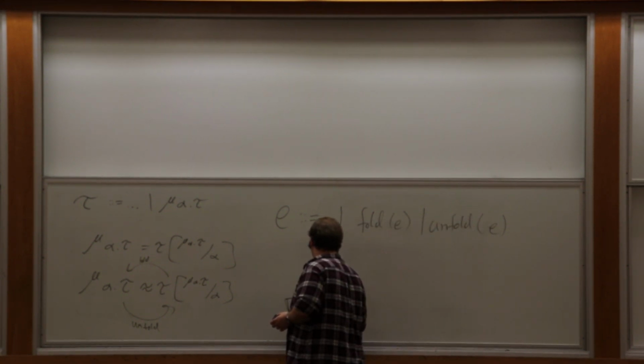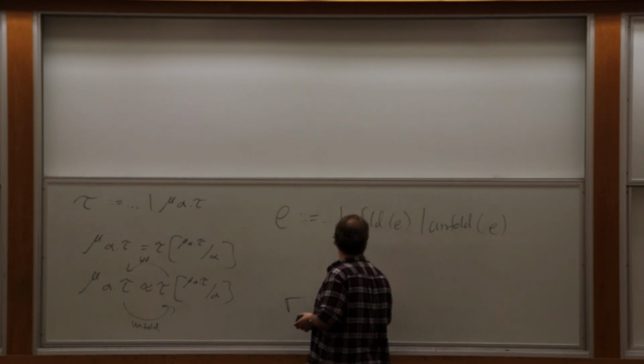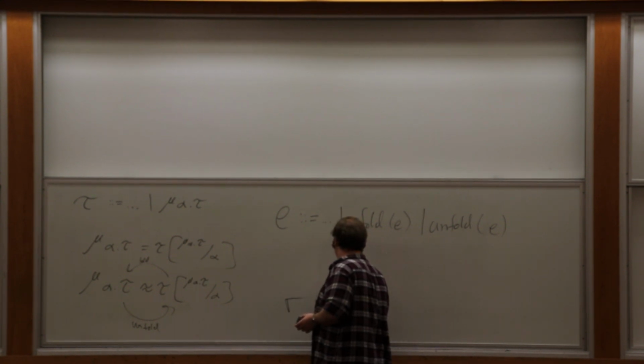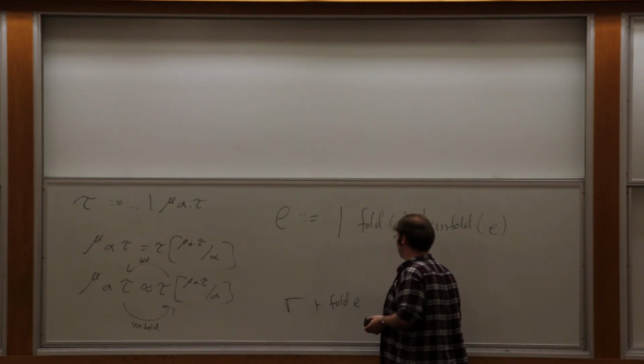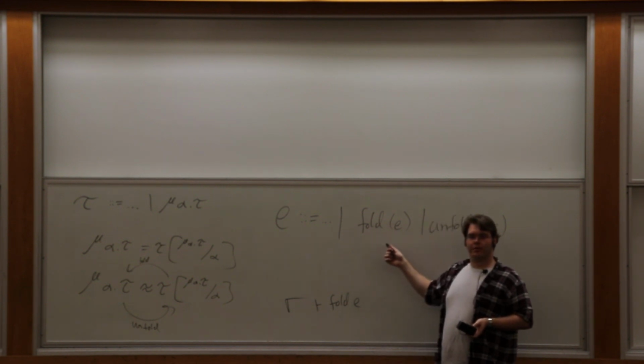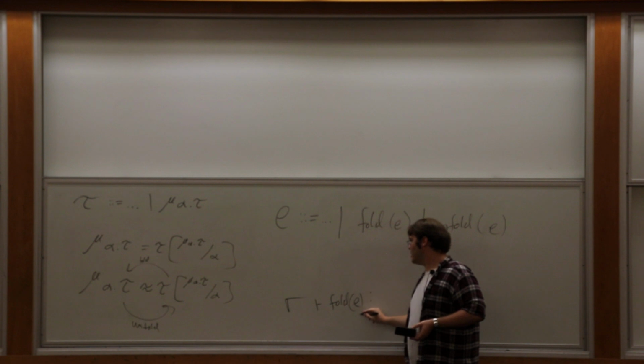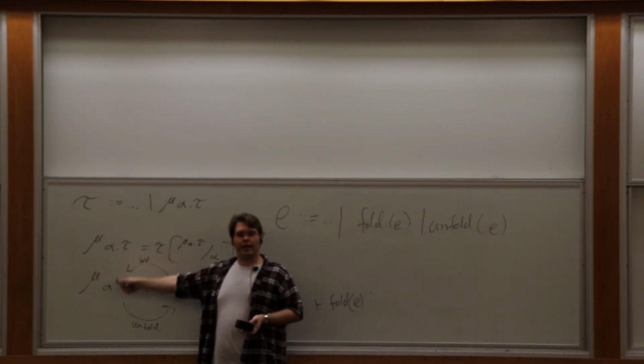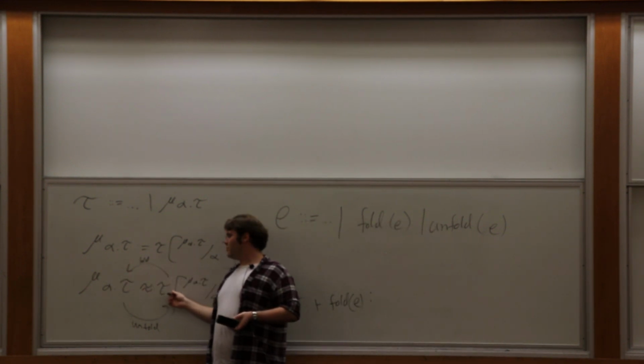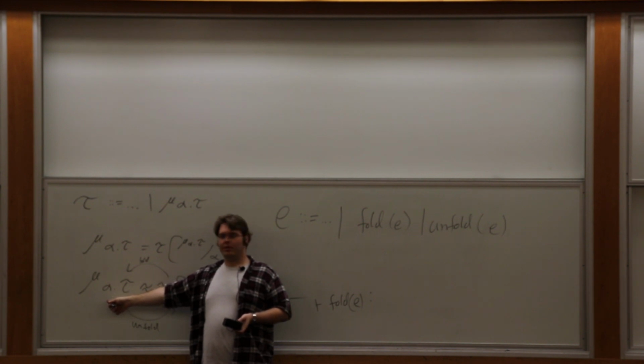Fold E, right? What should the type be? I said here fold goes this way. Given something like that, it gives me the recursive type mu alpha dot t.